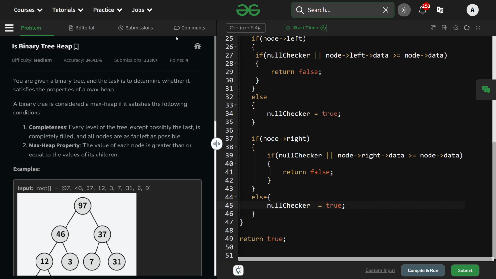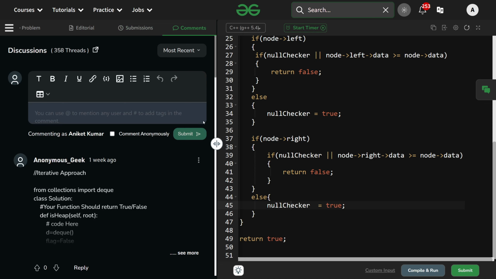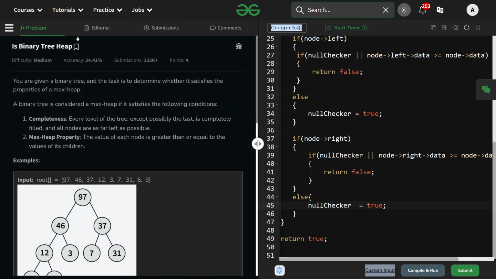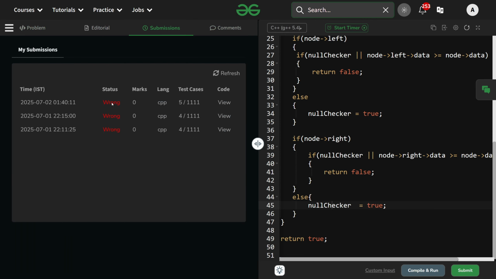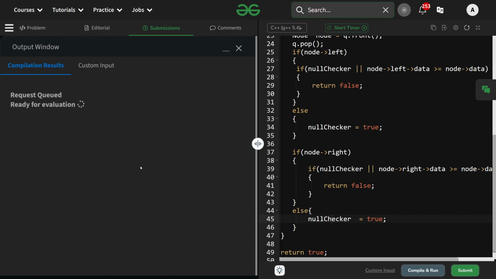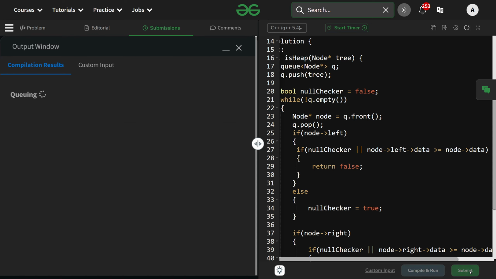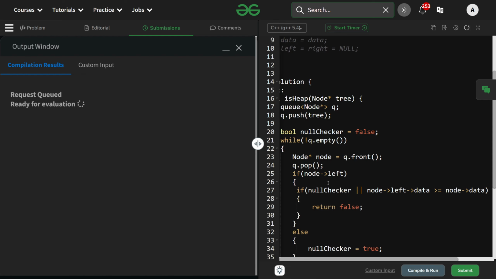Here if the null checker given false comes. Okay dude, I don't want to bluff you guys that the code is wrong, this is wrong. I just want to see if we can fix it over here or not. And let's see what was wrong here. Where did my test cases go? It is giving wrong on the fifth test case, right. Okay, your output false, expected output false. Okay yes, let's see what comes on submitting.